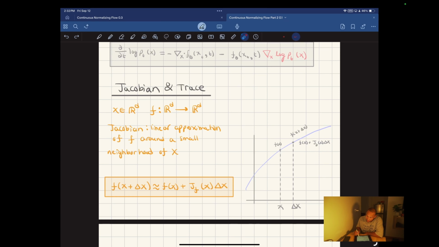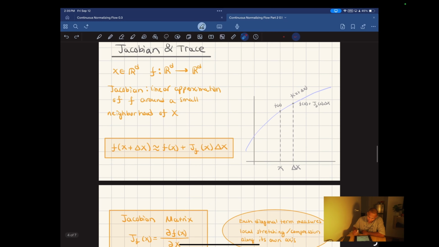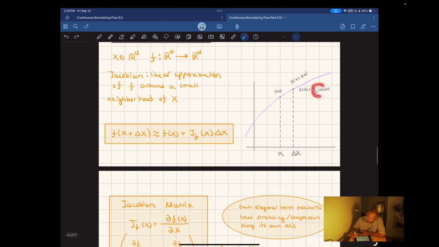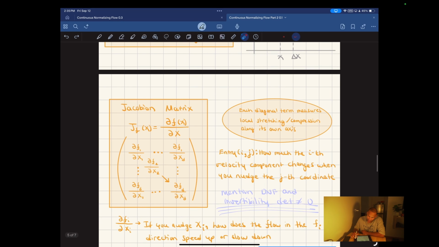Now, of course, this delta is really an infinitesimal change in space. The greater your delta is, the further off your approximation is going to be, okay? So the Jacobian is a matrix such that when we multiply it by this delta vector, we get another vector that we can add to f of x here.